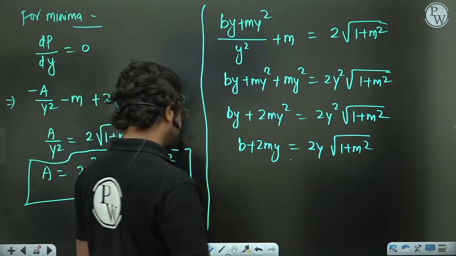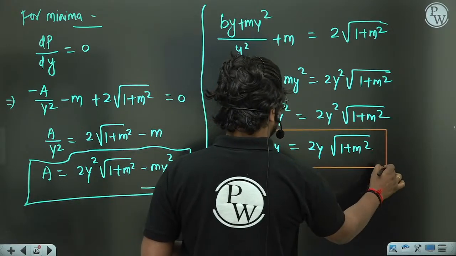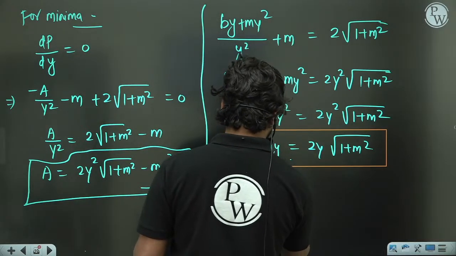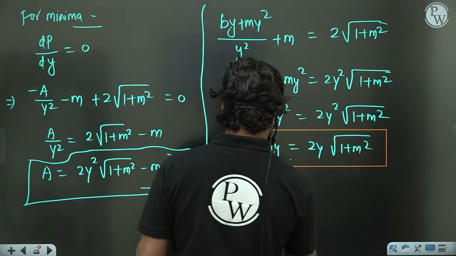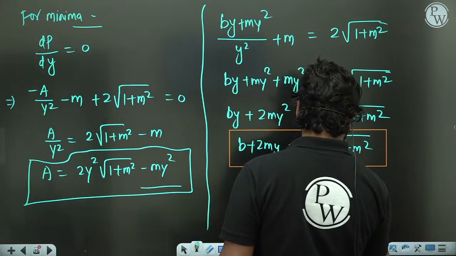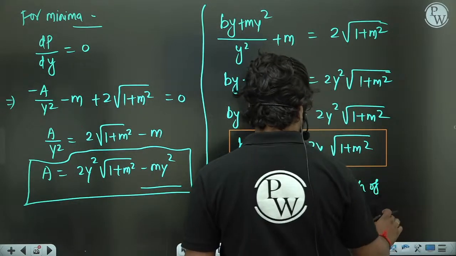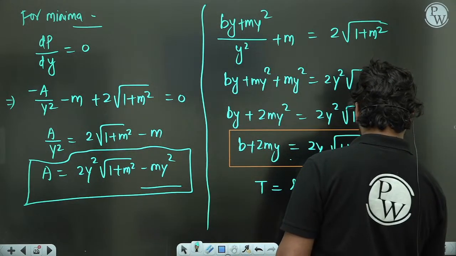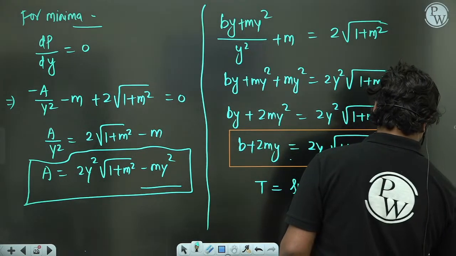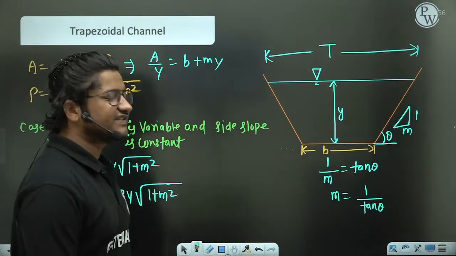So what condition which we got? The condition which we got is that for hydraulic efficient condition, you can write simply, T, the top width, is equal to the sum of the length of the inclined sides. So a trapezoidal section will be called a hydraulic efficient section.